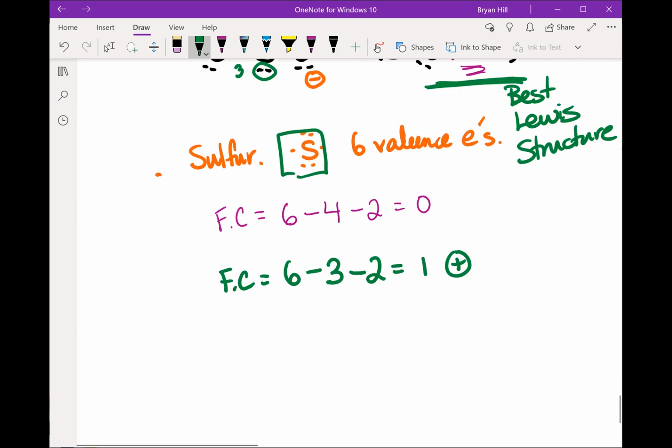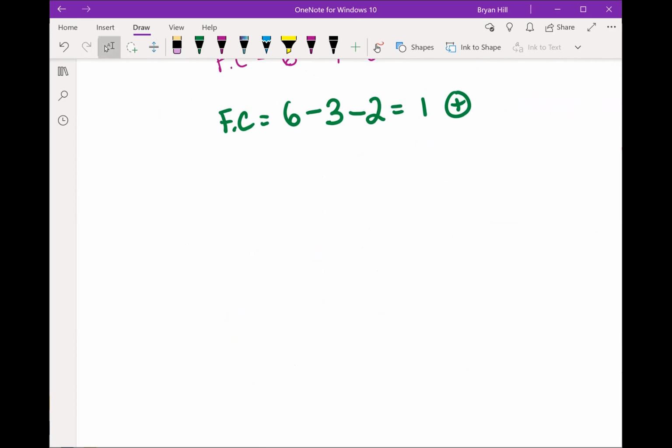Okay, let's do one more example just for the sake of it. How about, let's draw BH4 minus.